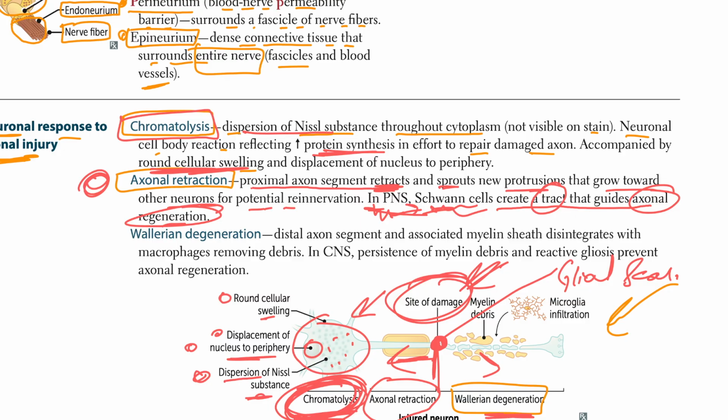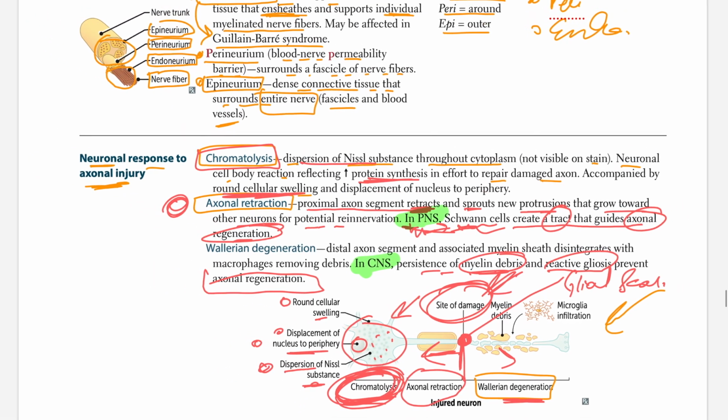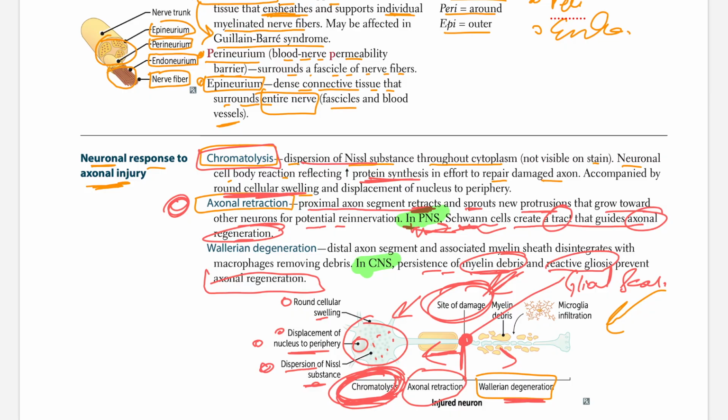So if in the PNS you have the Schwann cells which do this, what about the CNS? In the CNS, persistence of myelin debris and reactive gliosis, which is the glial scar, prevents axonal regeneration. One of the things we said is that whenever you have a CNS injury, it's not going to regenerate.